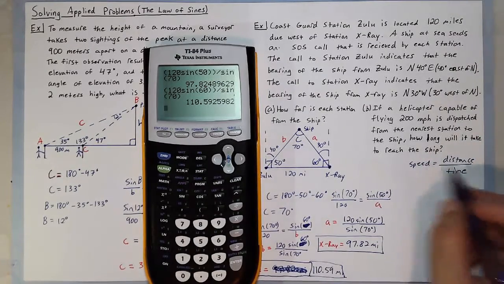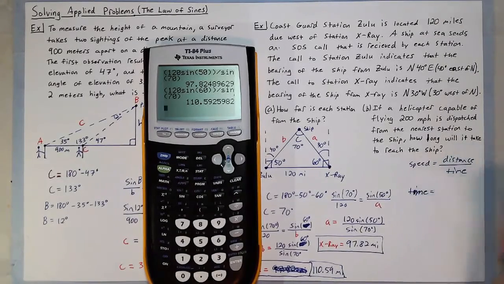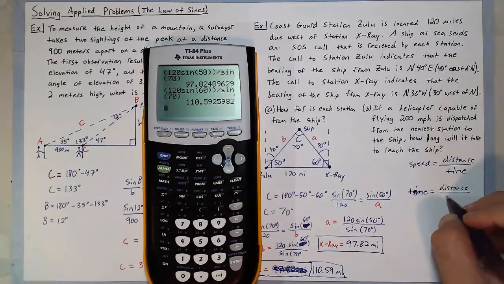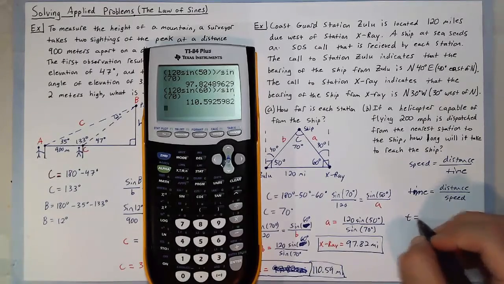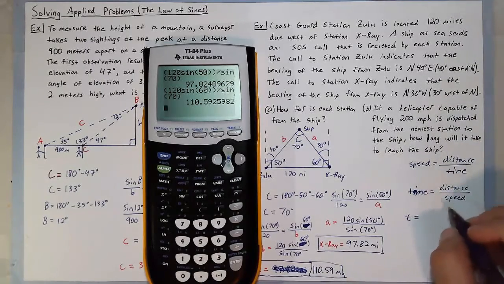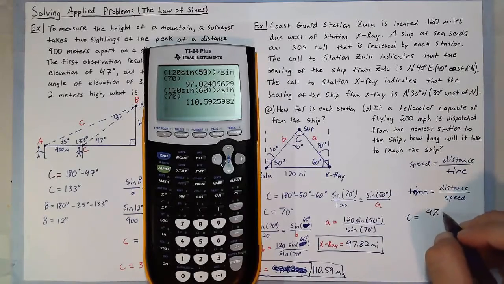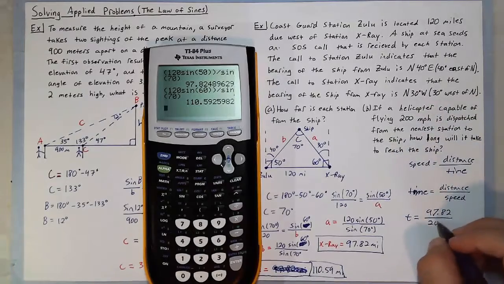And solving this for time, I get that the time it would take would equal the distance over the speed. So knowing all of this, the time it would take would be 97.82 miles divided by 200 miles per hour.